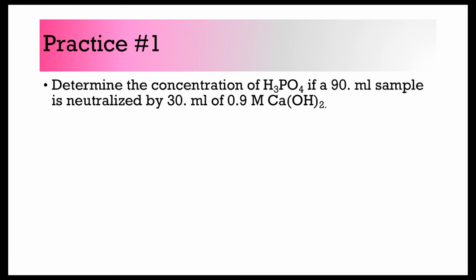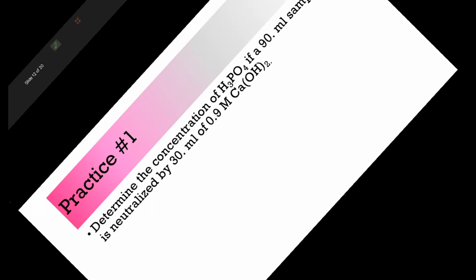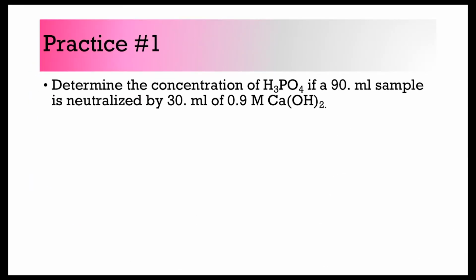It says, determine the concentration of H3PO4 if a 90 ml sample is neutralized by 30 mils of 0.9 molar CaOH. So, one of the hardest parts with these questions is figuring out what's the acid and what's the base. If you have tables L and K opened, then that makes your life a little bit easier.